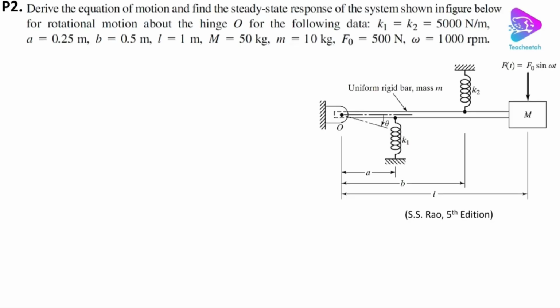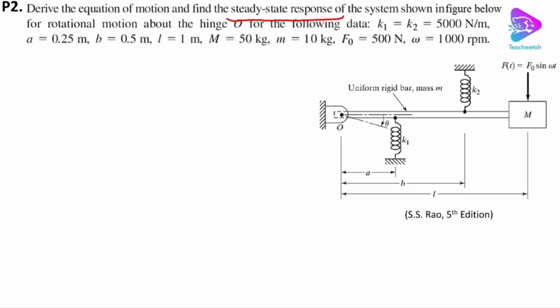This is the next example, which is our last case for today. In this system, we are going to find the response of the system, but for this case we only focus on the steady state response. As you see, no initial condition is given.